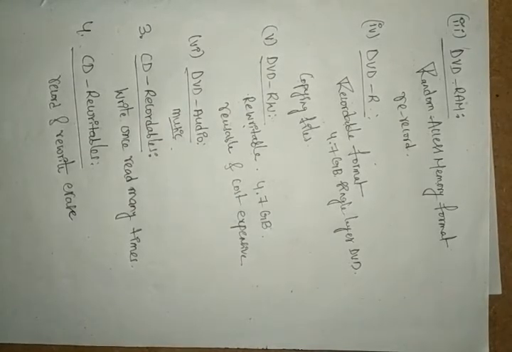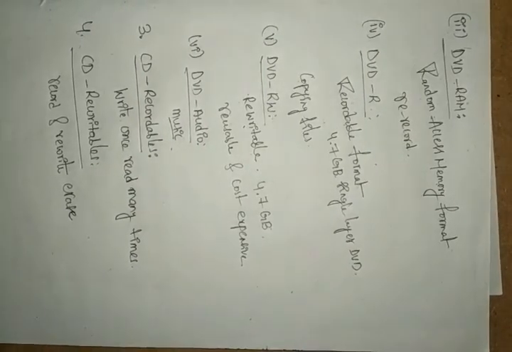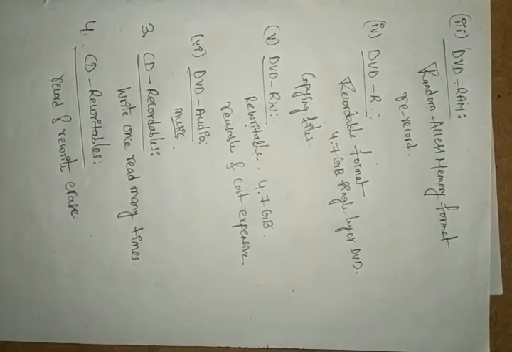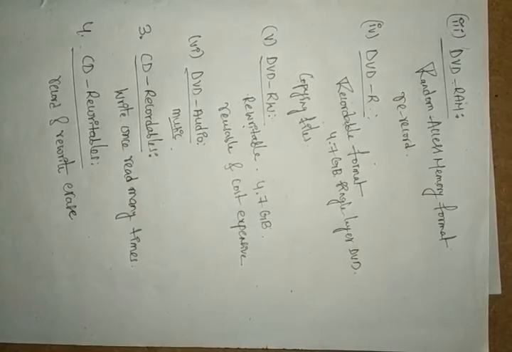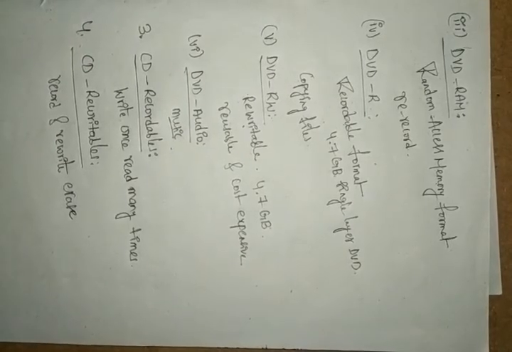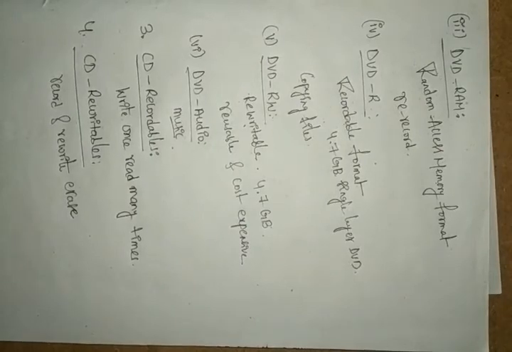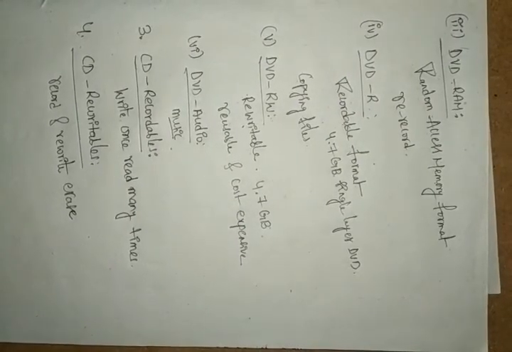Those cannot be erased or overwritten. Whatever you have, it is just written once. There is no possibility to rewrite or erase anything, and it is only capable of storing the data. It takes less space only, not more than that.